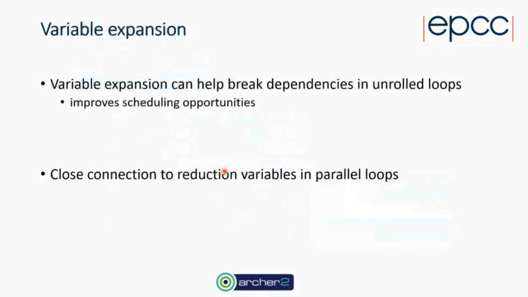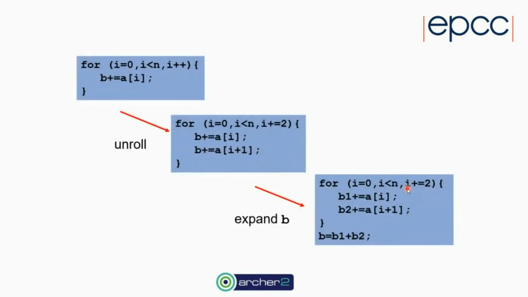There are a couple of things we can do to get rid of dependencies between loops. So one is variable expansion, and this is also maybe potentially around reduction variables in loops. So where we're summing things up in loops, that would be seen as a dependency as well. So here we've got A going around this loop, and we're adding it up into a reduction variable B here. So every time we go around, we add up a value of A into B and continue.